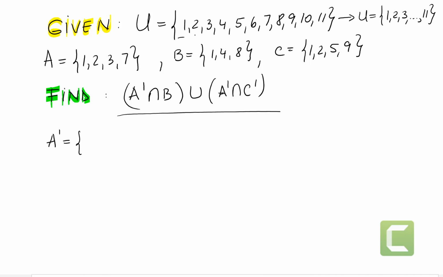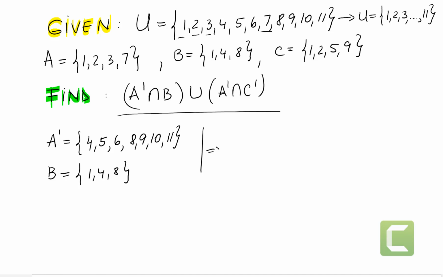A prime is what is in U and is not in A. So A is 1, 2, 3, and 7, and all the rest are in the complement: 4, 5, 6, 8, 9, 10, and 11. Because basically A union with its complement should be U. Now B is whatever we have for B, so I just copy it.